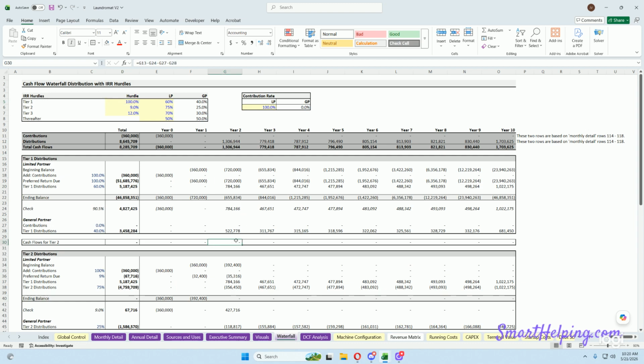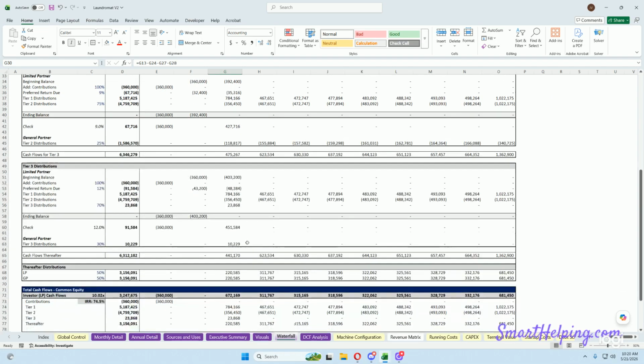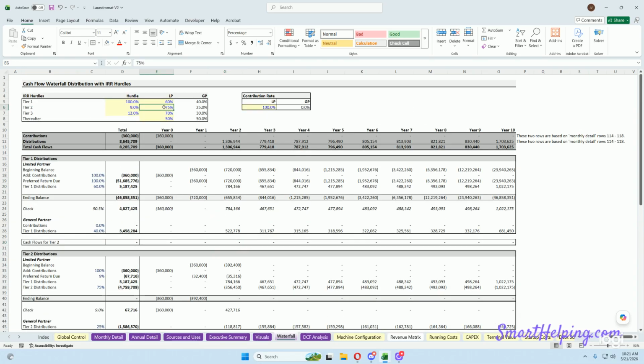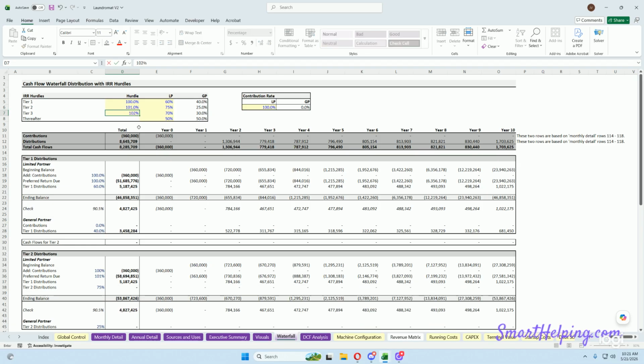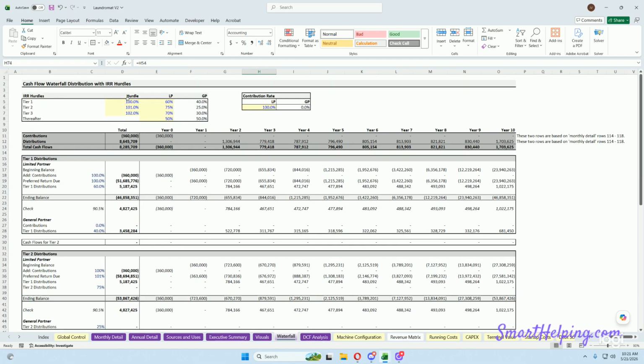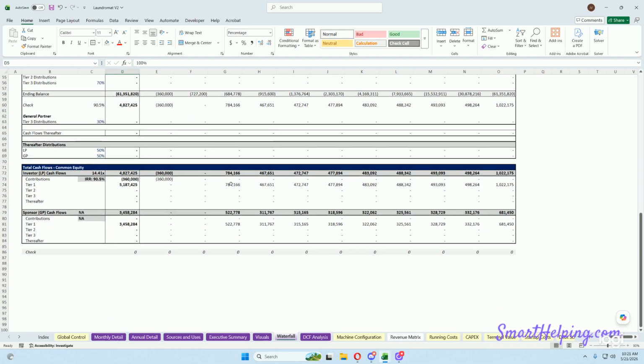Yeah, so here we're not getting out of tier 1. And you just need to make sure tier 2 and 3 are higher than tier 1. Like this has to go up in order. But you can see here we're not getting out of tier 1 because it's 100%. So we just split cash 60-40 the whole time.